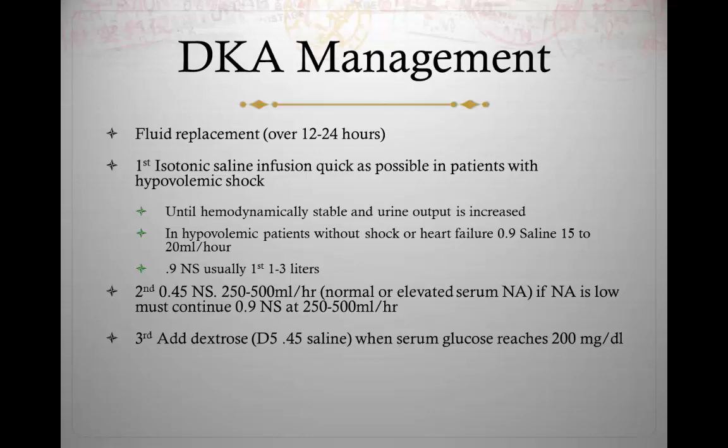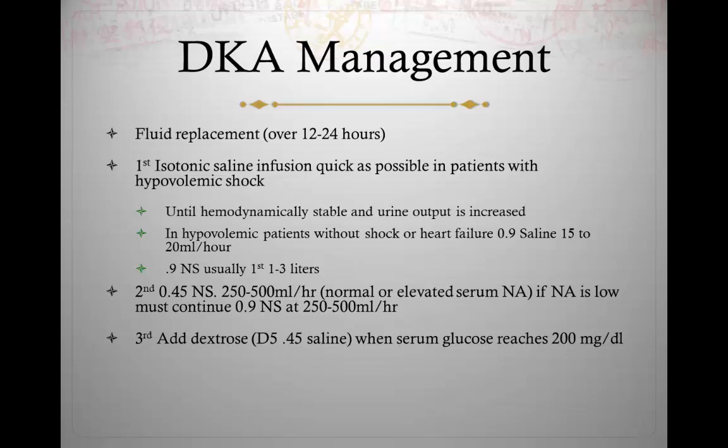When the glucose level falls less than 250, then you will be changing to D5 half normal saline to prevent hypoglycemia. Okay? So, half normal saline, 250 to 500 mLs per hour, also is useful to avoid hyperchloremia induced by normal saline.